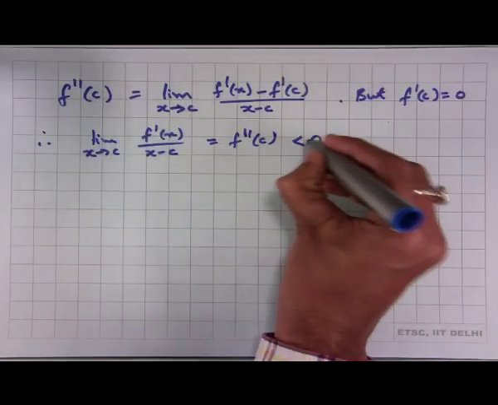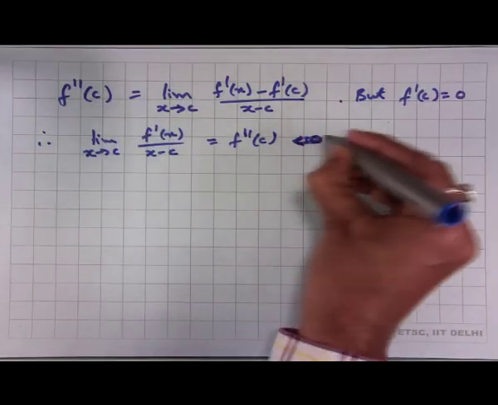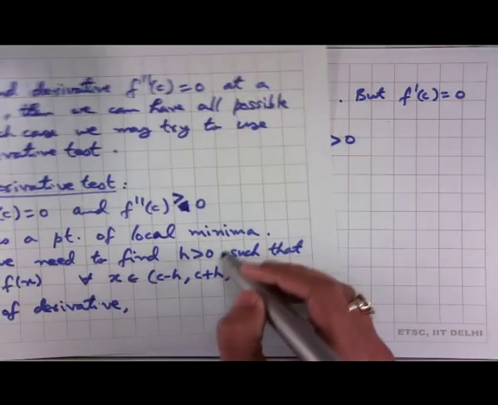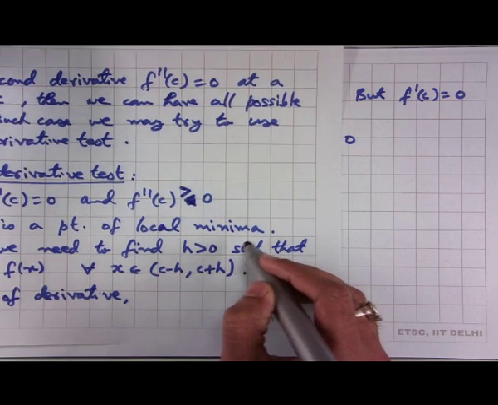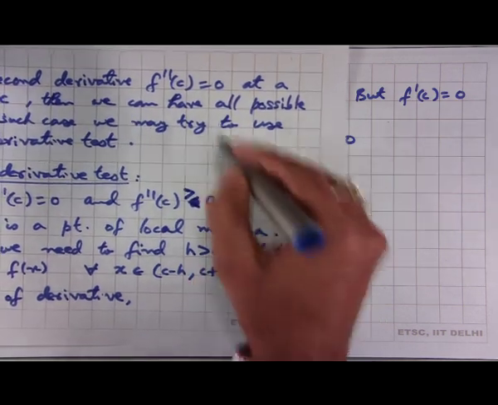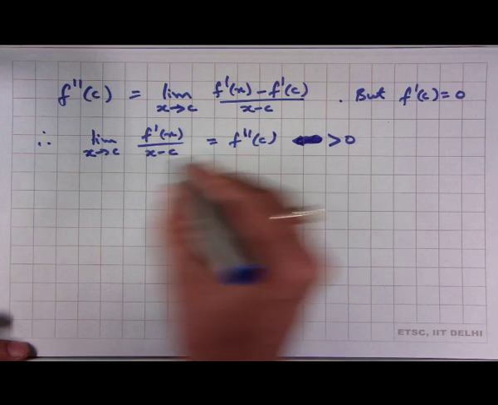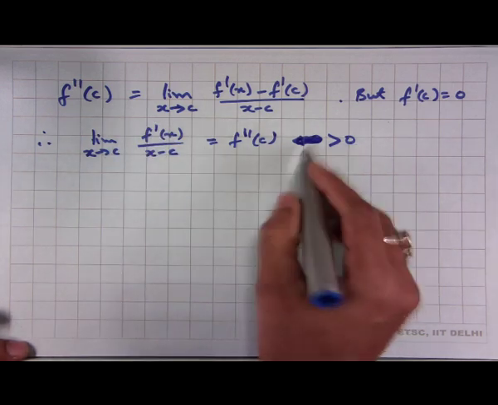So, this is positive, then we want to show that this is a point of local minima. If the second derivative is positive, then we will get a point of local minima. So, we are given that this limit is positive.